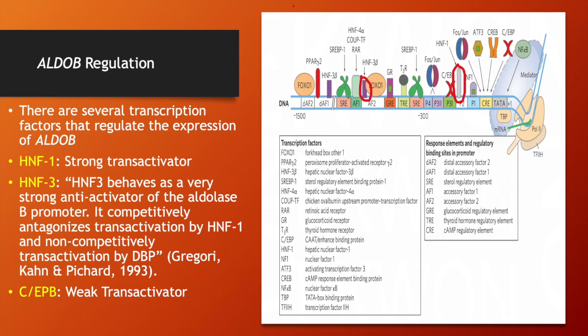C/EBP is another transcription factor, which is not as strong as HNF1. It is a weak transactivator. And lastly, DBP is a strong transactivator of the aldolase gene promoter.